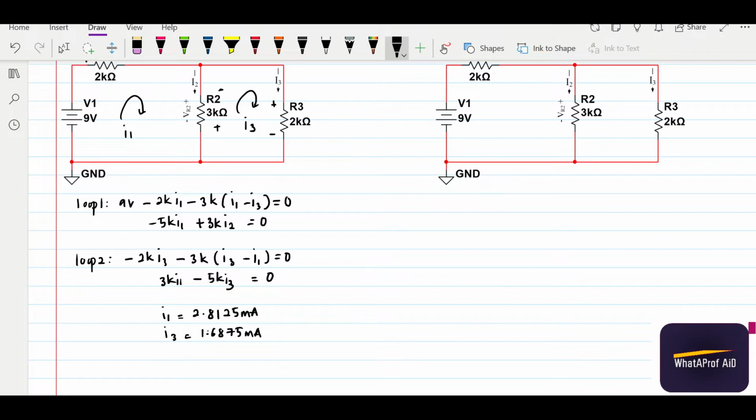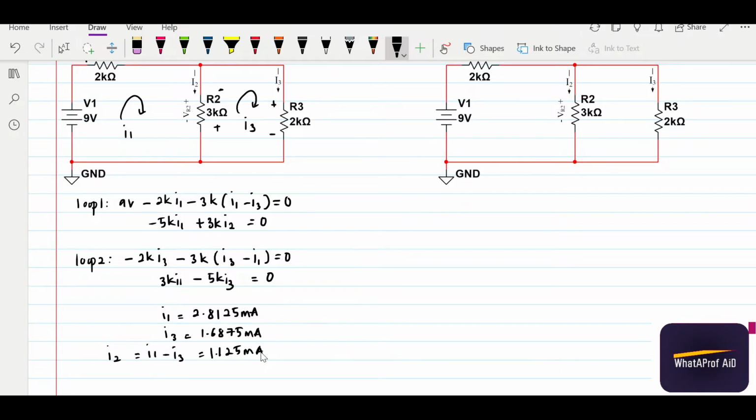Finally we can get this one more current here, I2, which would be I1 minus I3. There we will have 1.125 milliampere.